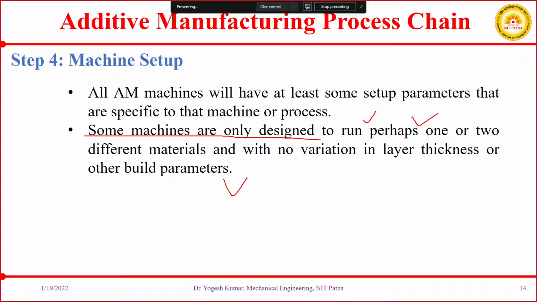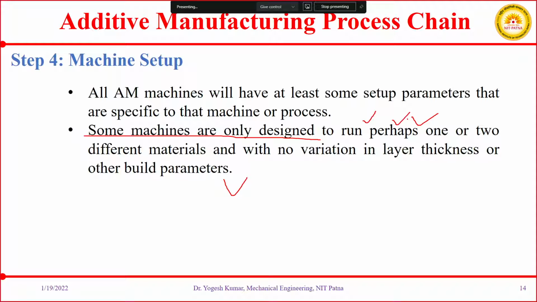We will discuss that during the discussion on materials, for which a separate lecture is designed. So let us not focus on what kind of material will be used. But the limitation is that each machine cannot print all materials.